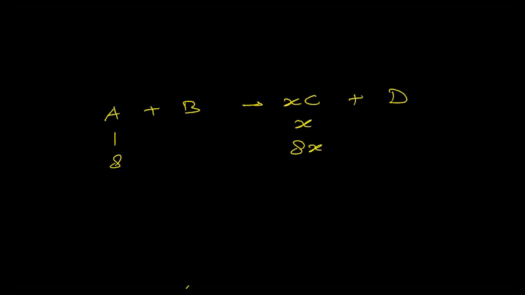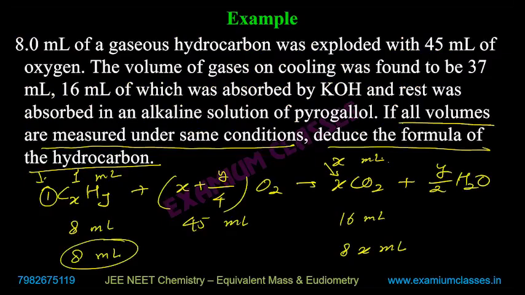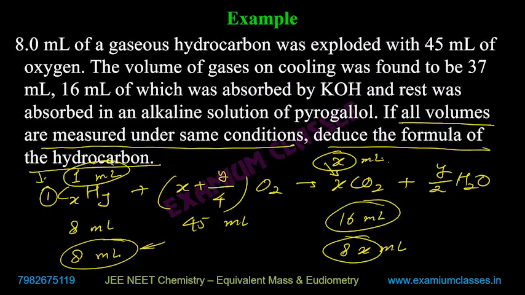So this is the concept I have applied here. If 1 ml produces X ml, 8 ml will produce 8X ml. And this 8X is equal to 16 milliliter. This is given in the question. CO2 is 16 milliliter. So you got the value of X of the hydrocarbon.